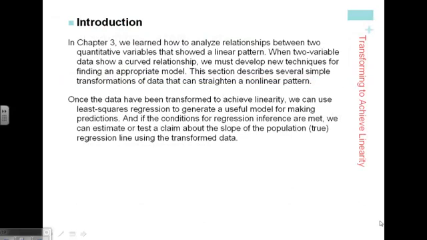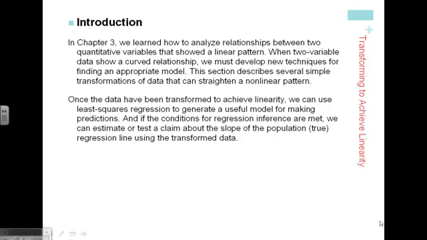So, in the first half of this chapter, we said, here's some explanatory variable x and response variable y, and then we would graph them.